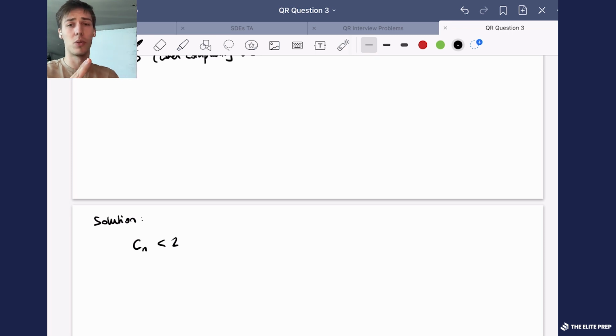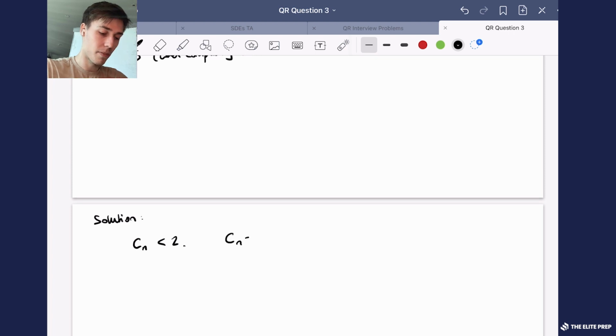If there's a cycle which is greater than n in length, then at most we have n minus 1 elements remaining, so there cannot be any more cycles with n elements or more. That means that we are only interested in the cases where Cn equals 1 and Cn equals 0.